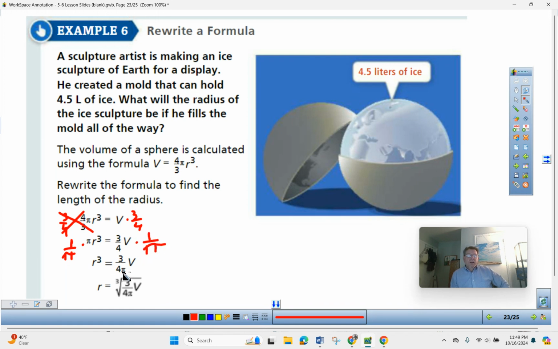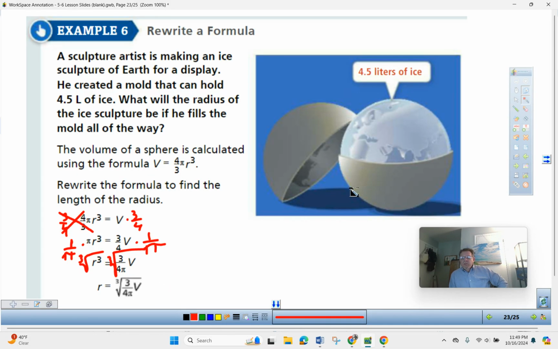That's how the pi got here in the denominator. And then to get rid of the cube, you're going to cube root the whole thing. And that's how we get it equal to r. So that's rewriting a formula.